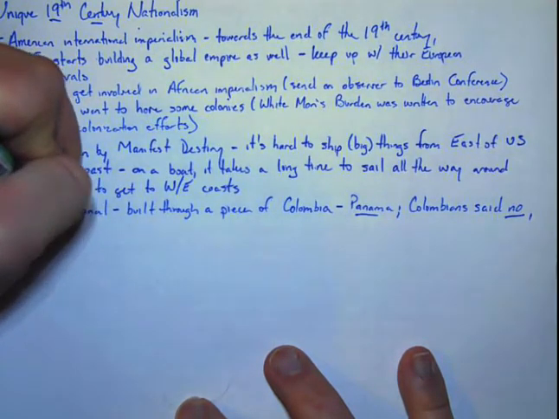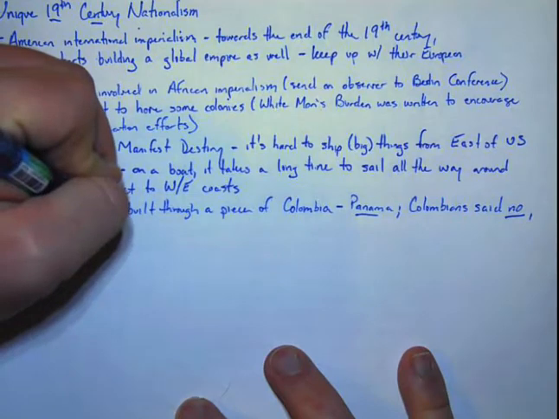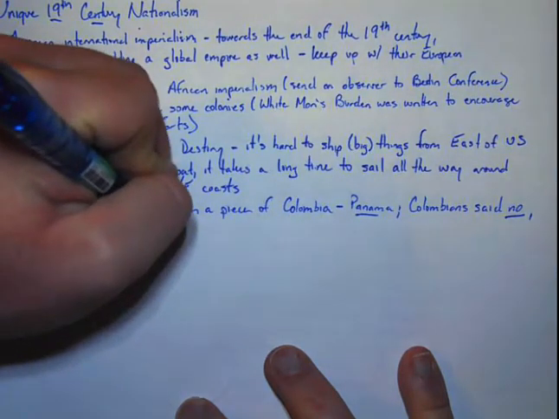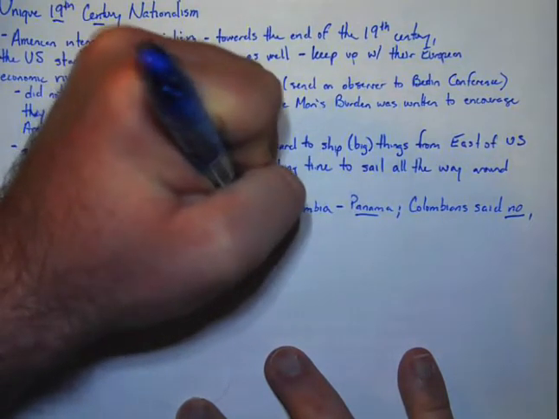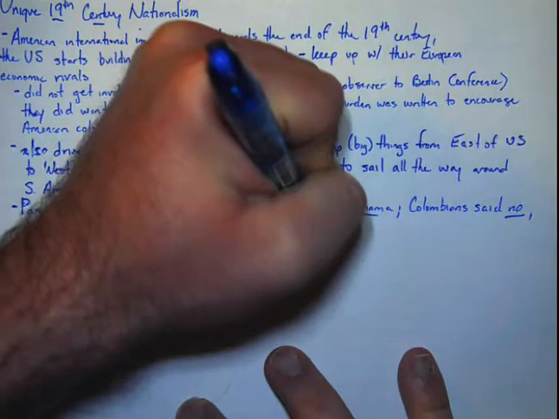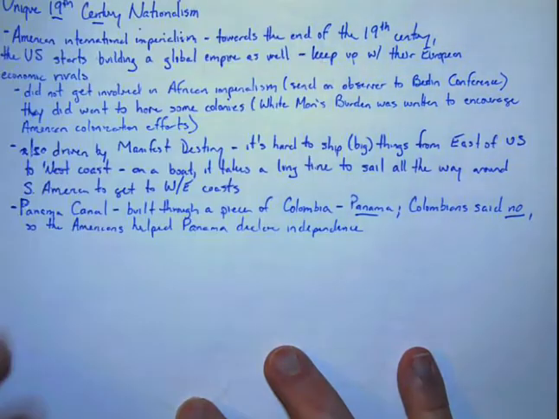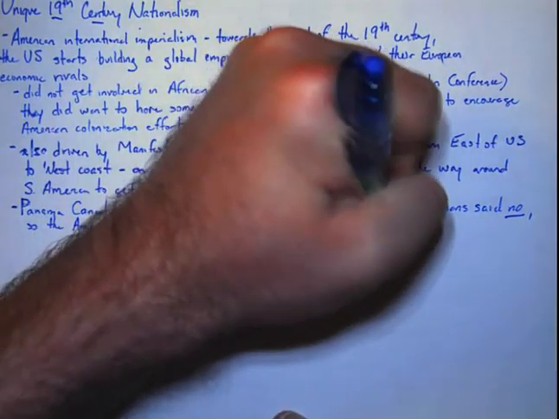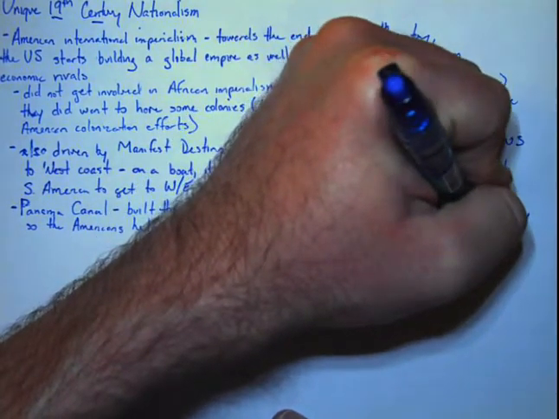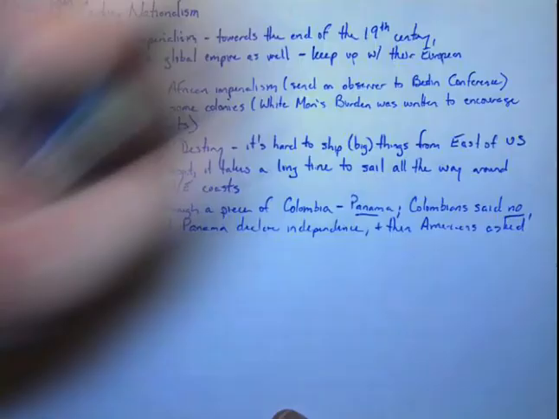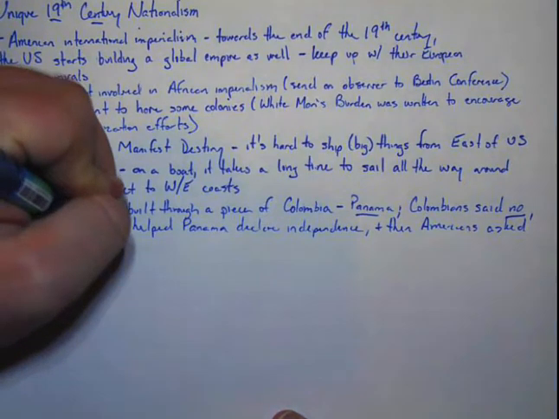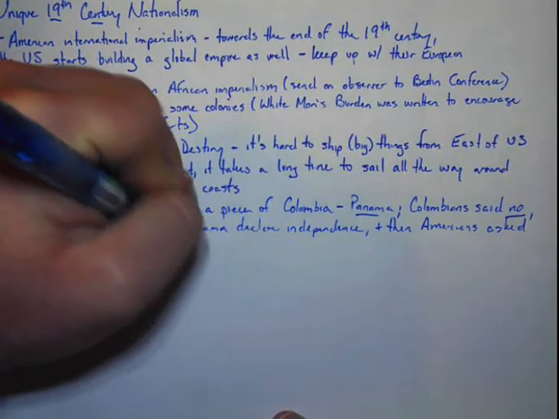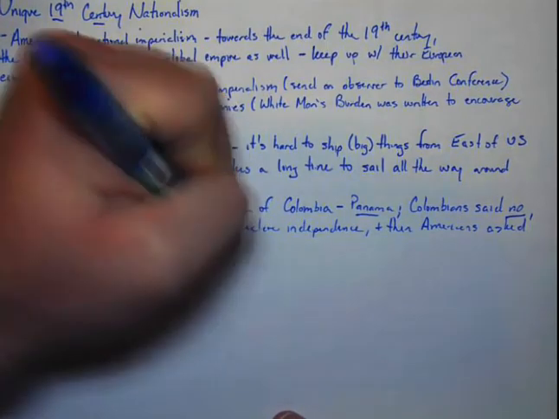So the Americans helped Panama declare independence, and then the Americans asked Panama to build a canal, and they said yes.